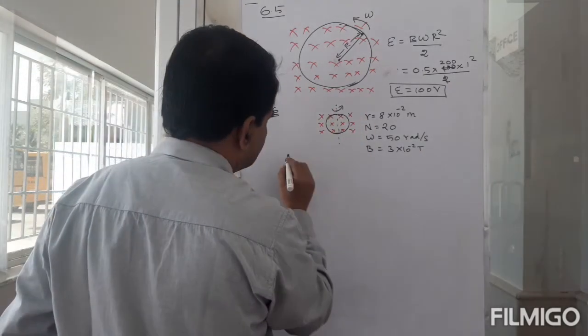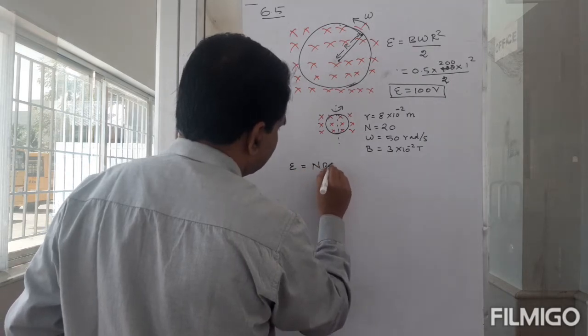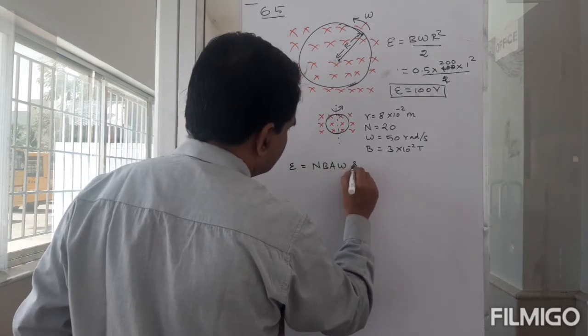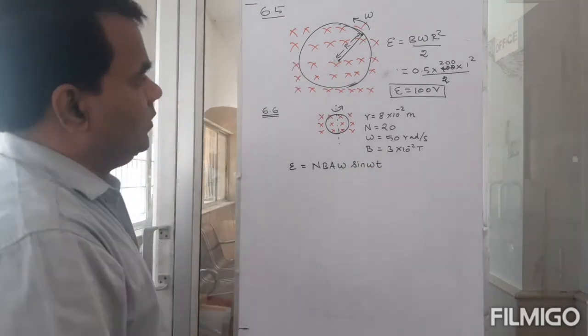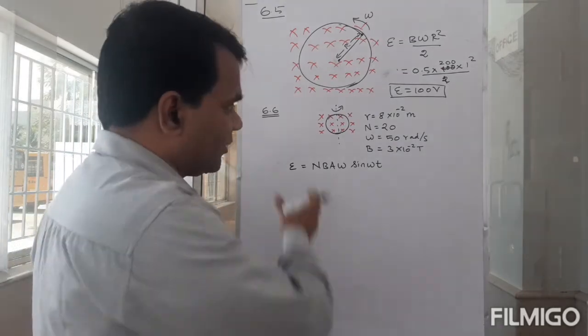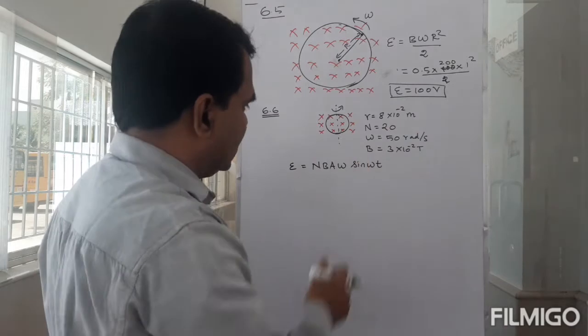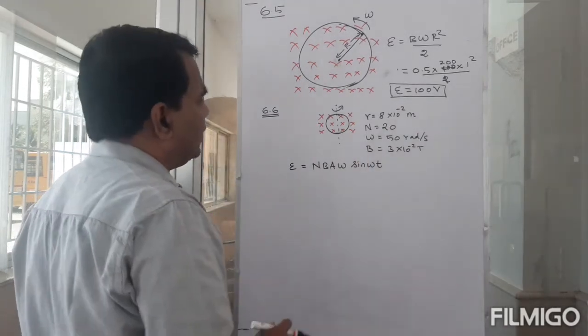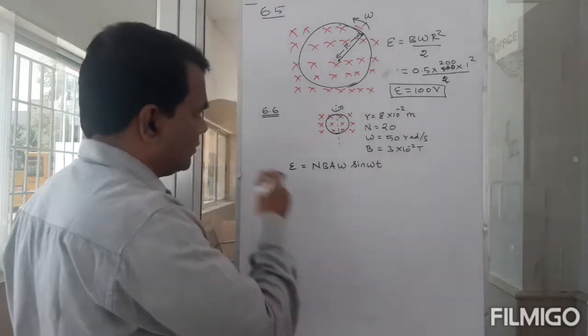We know this. The EMF induced E is equal to NBAω sin ωt. This is from the AC generator part of this lesson. Apply the values straight away, then you will get the answer.